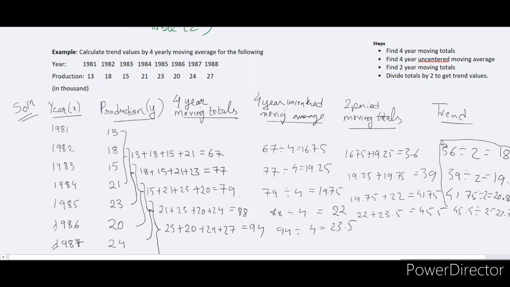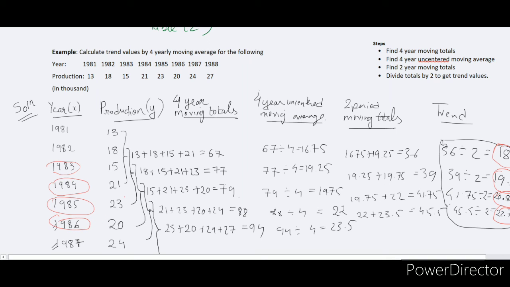This column here is where you calculate your trend values, and these are your trend values: 18, 19.5, 20.87, 22.75. 18 corresponds with the year 1983, 19.5 with the year 1984, 20.87 with 1985, 22.75 with 1986.